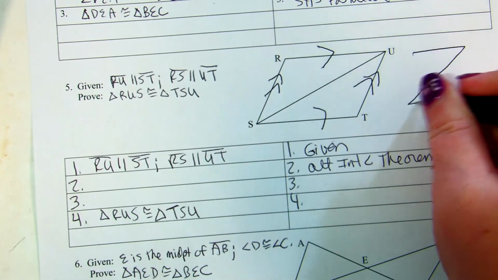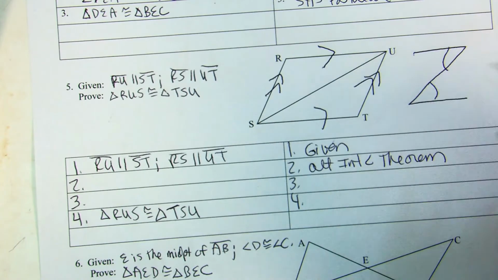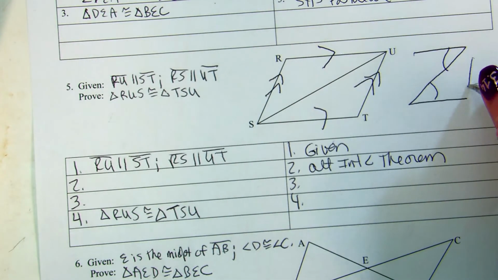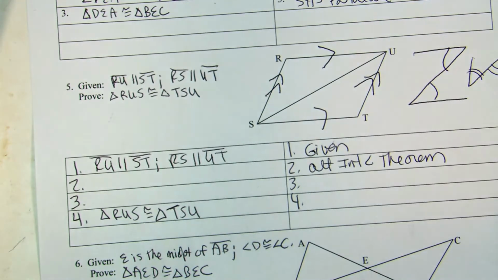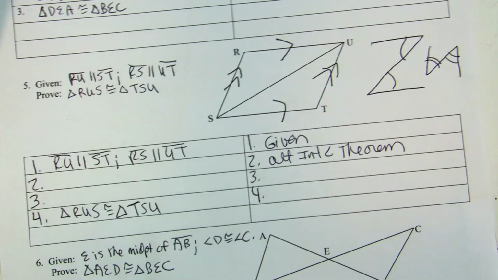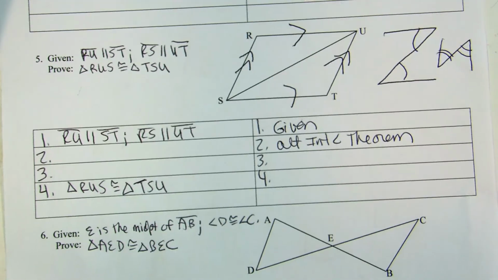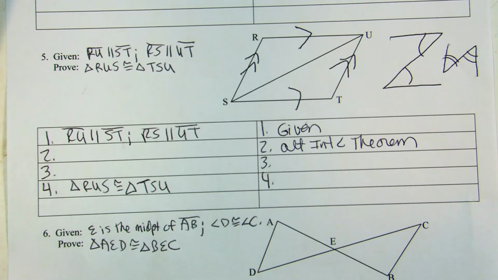And when you look at this, these angles are congruent because they're alternate interior angles. And when you look at this, these angles are congruent because they're alternate interior angles. When you have a zigzag or an X, a Z or an N, you have alternate interior angles.